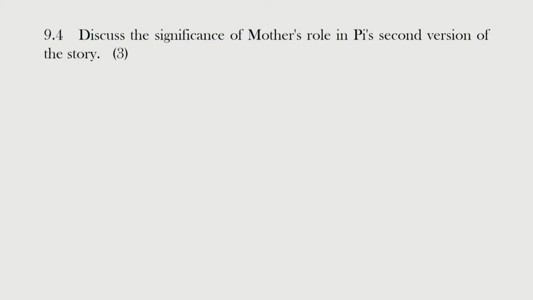And that is effectively what enables him to survive. Then you've got the second section, the big story of him alone on a lifeboat with a Bengal tiger, keeping them both alive.